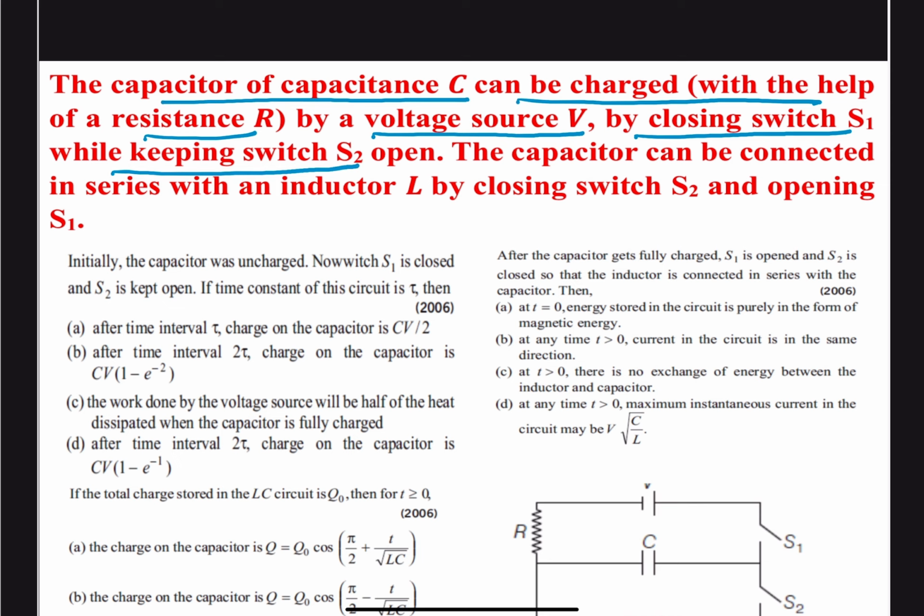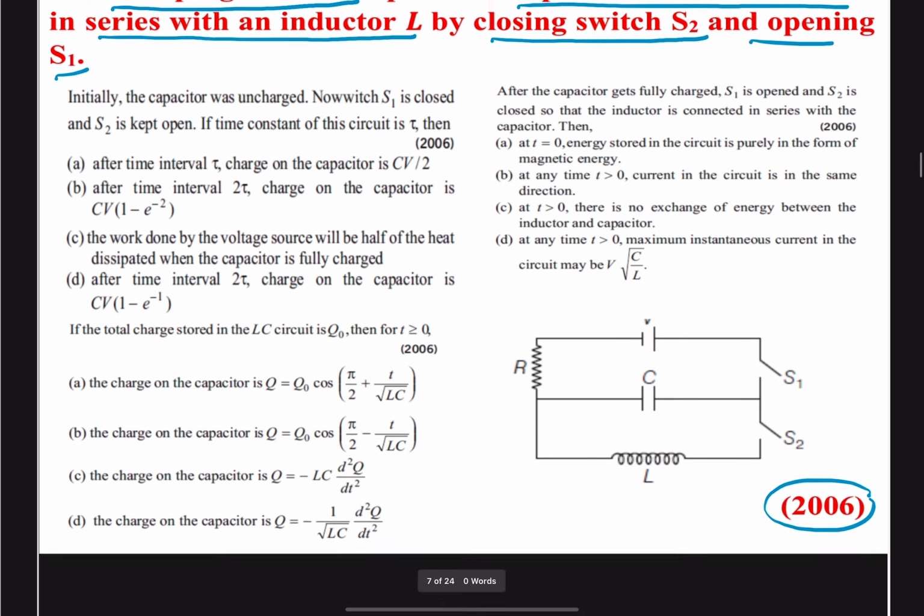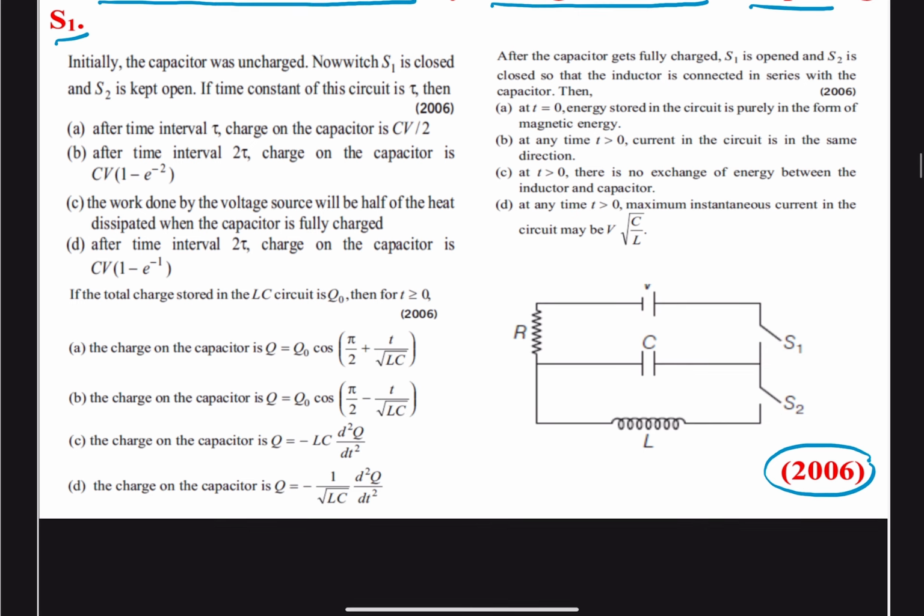The capacitor can be connected in series with an inductor L by closing switch S2 and opening S1. This has 3 sub questions. This is your first, this is second, this is third, and we are given a figure.